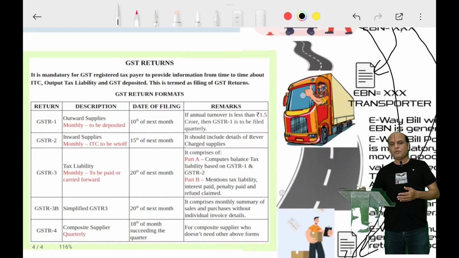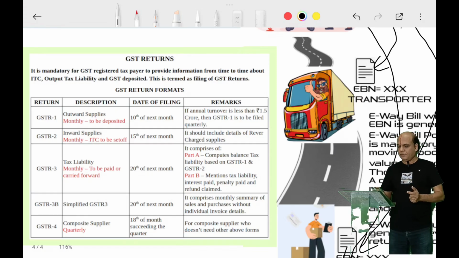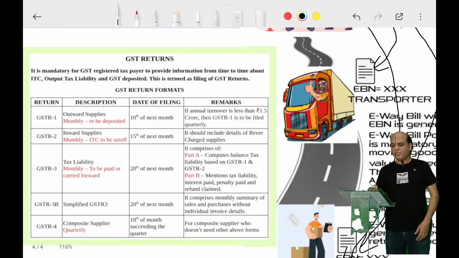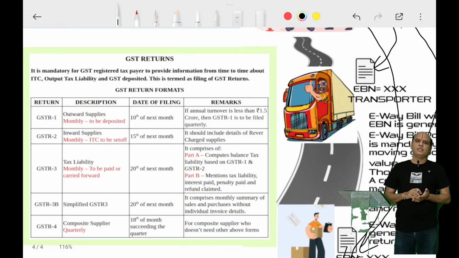Now let us move to GST returns. If you see the PDF, the GST return formats are described in this table. So what is a GST return? Whenever somebody goes shopping, once the person comes back, they give a summary of what happened in the shopping, where they spent what money.